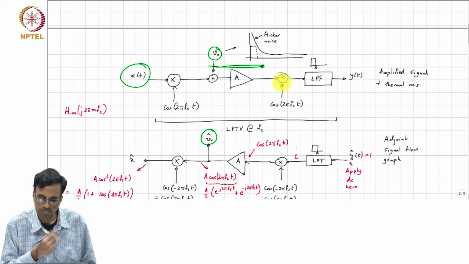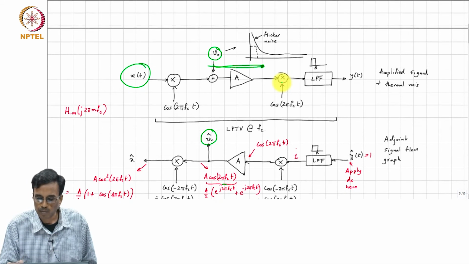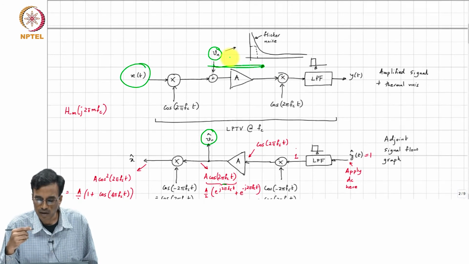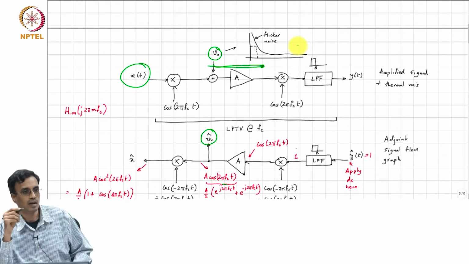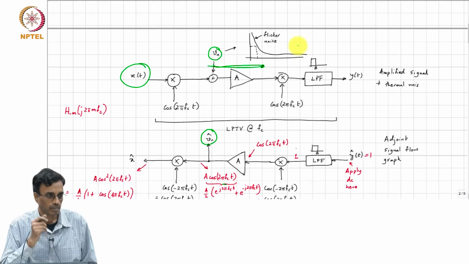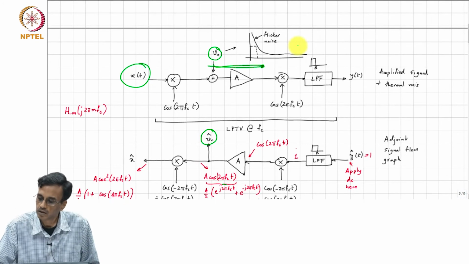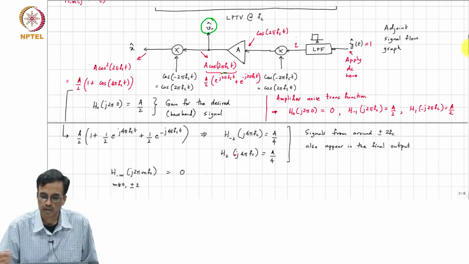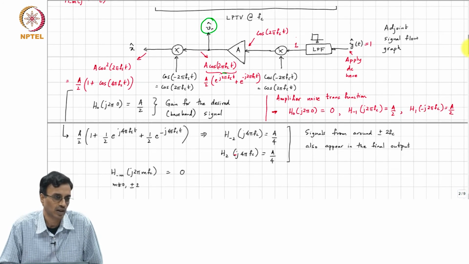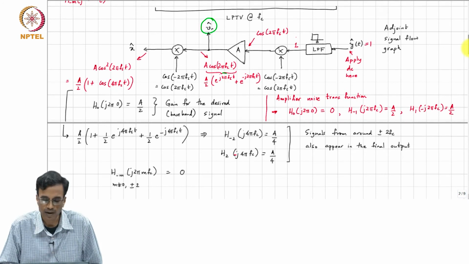By definition there is only thermal noise there. So, thermal noise from around fc is going to appear in the final output at DC. This is an example of the advantage of using adjoint signal flow graphs.